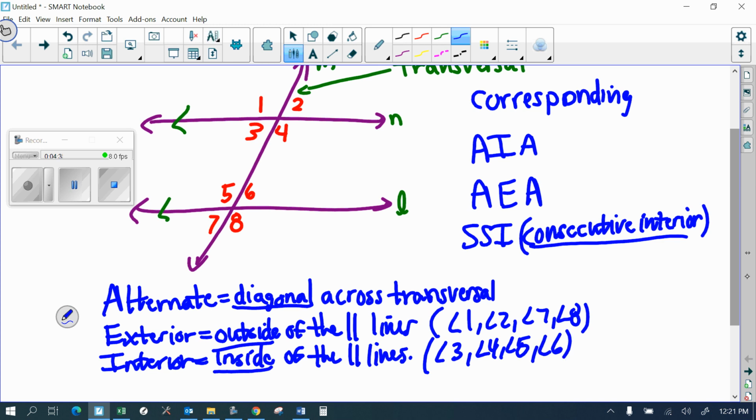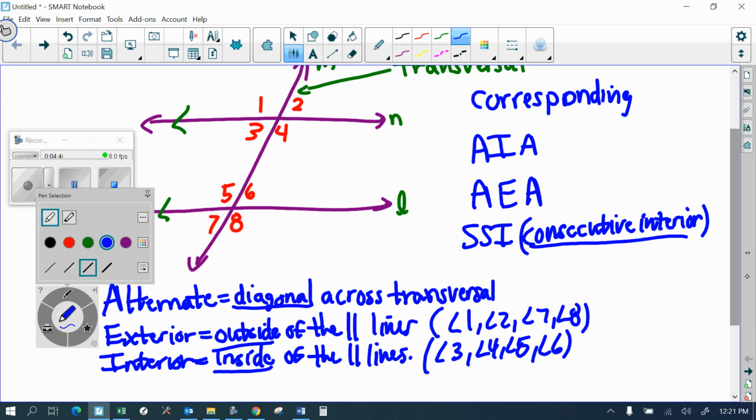In these cases, you see it has the word interior or exterior in it. If I have the word interior, I'm choosing from angles 3, 4, 5, and 6. When I have the word exterior, I'm choosing from angles 1, 2, 7, and 8. So it already wipes out 4 of the 8 right there, either inside the parallel lines or outside.